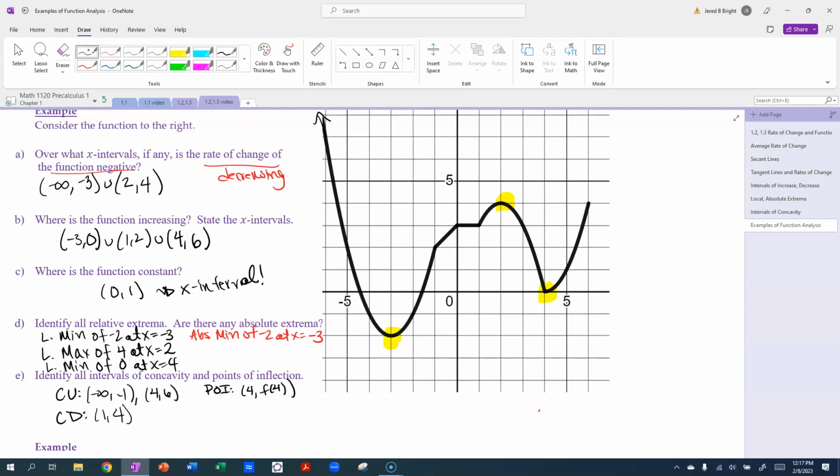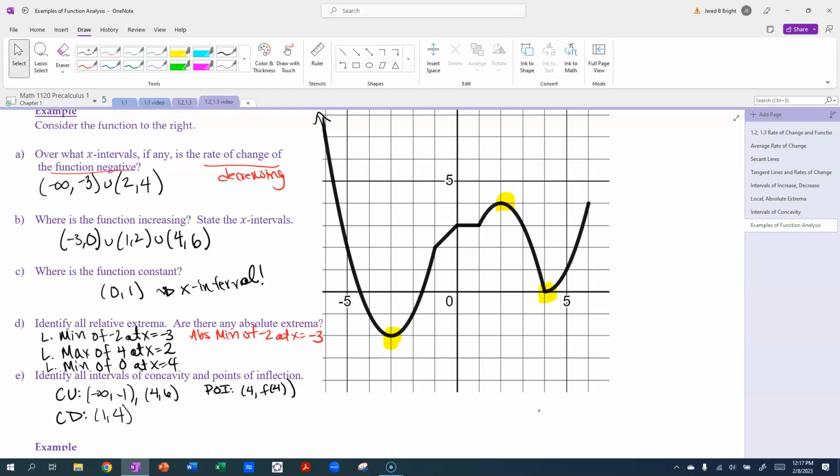The only point of inflection we have is at 4 comma f of 4, because before that, yes, it switches from concave up to concave down, but there are these regions that aren't bendy. So I can't talk about those being points of inflection because I have to specifically change from concave down to concave up. Little tricky with concavity there, but just make sure you're paying attention to the definitions and the overall concepts.